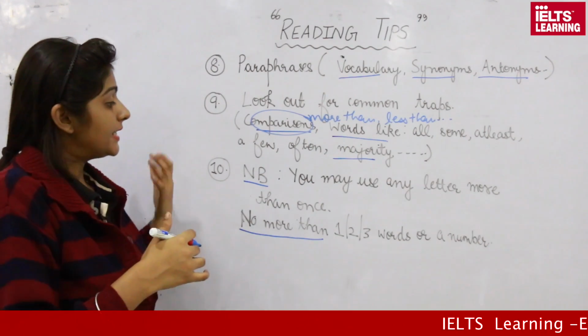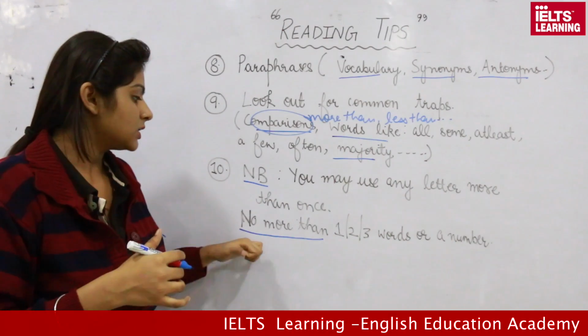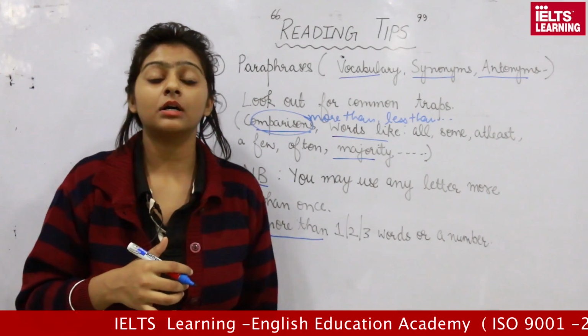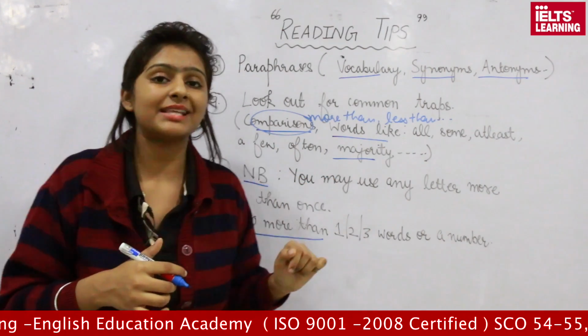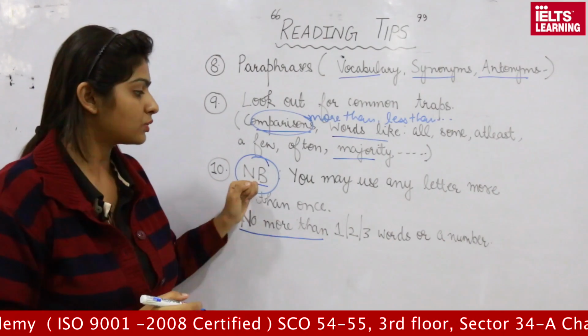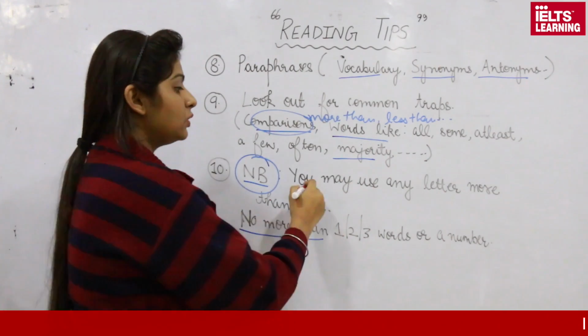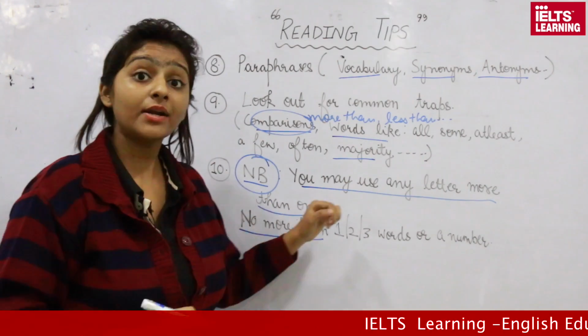Now let's take the last tip of our video, that is NB and no more than words or number. What is NB? Sometimes in your reading exam you find a note like NB, that usually says you may use any letter more than once. So what does it mean?